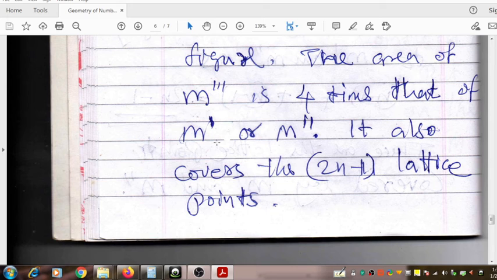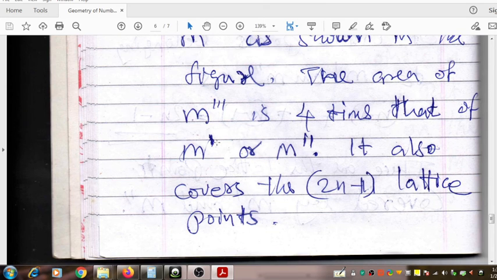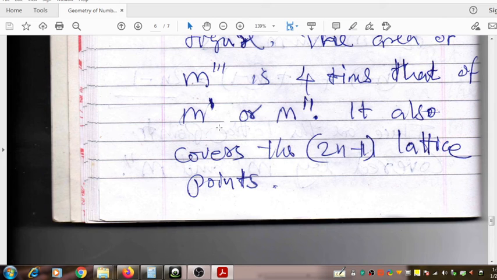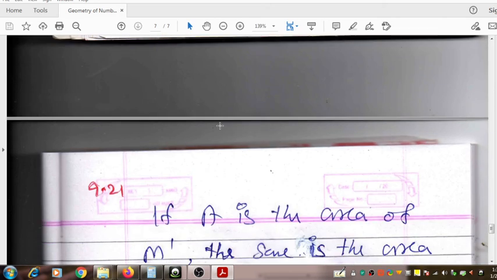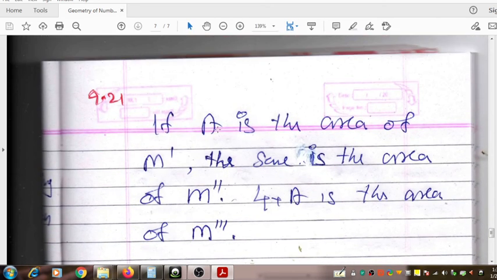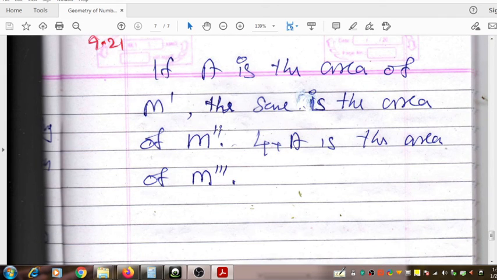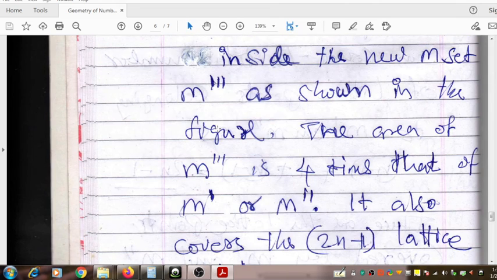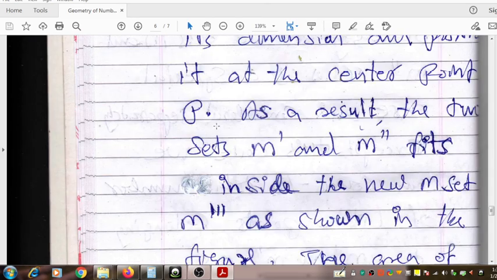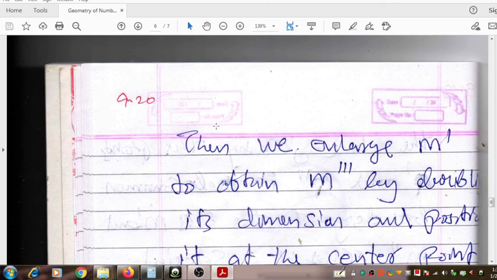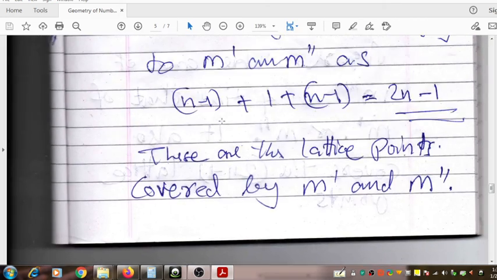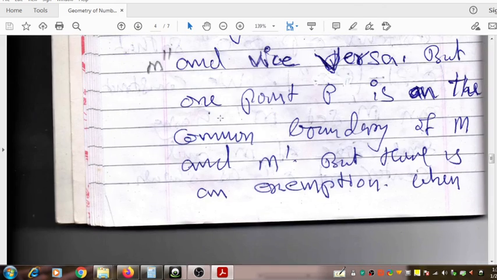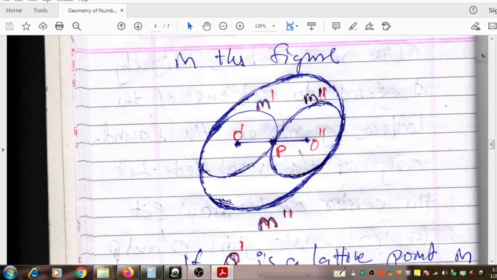So you can obtain n minus 1 pairs of lattice points, in addition to the one shared lattice point. Altogether there exist at least n minus 1 pairs of lattice points which belong to the M sets M prime and M double prime.